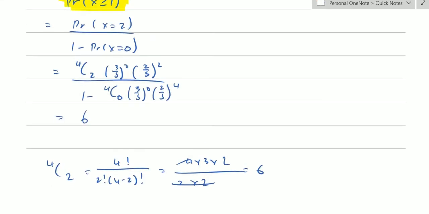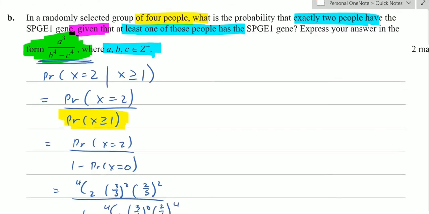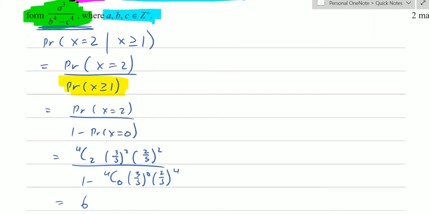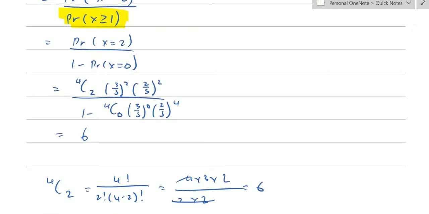So this is where it's important to keep this in mind, because you don't want to expand everything just so you can see how you might get to this form.